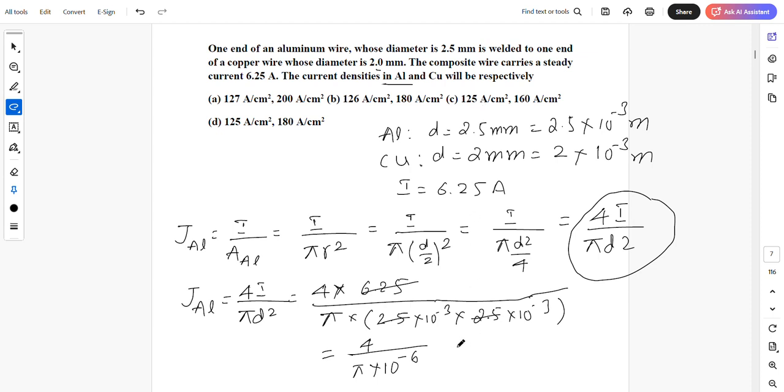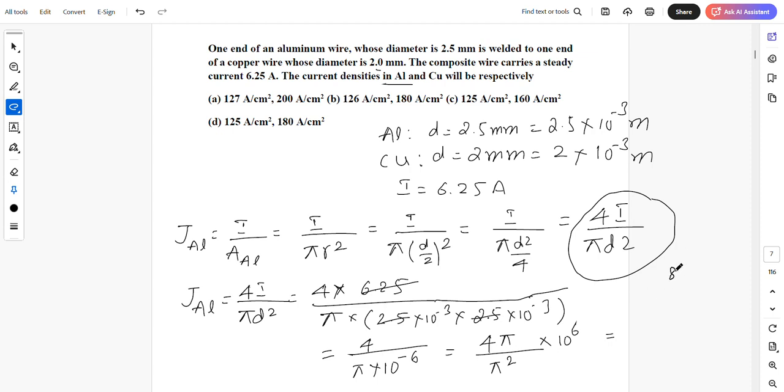Therefore what we will do here, we will multiply by pi. 4 pi divided by pi into pi, that becomes pi square. That is equal into 10 to the power of plus 6. Okay, how much is 4 pi?